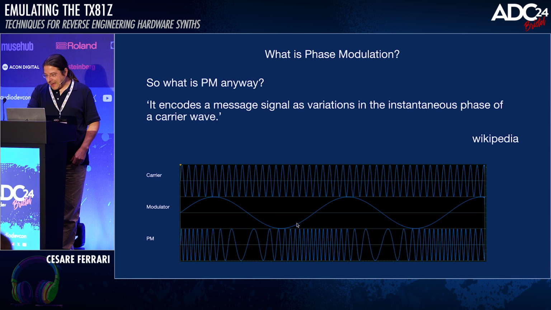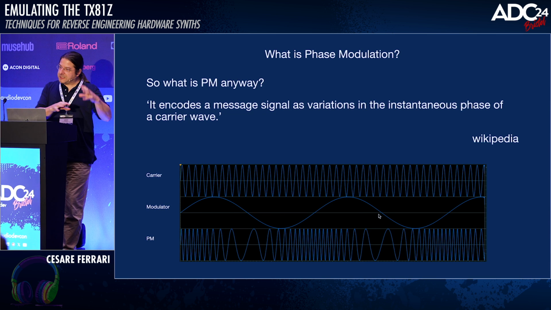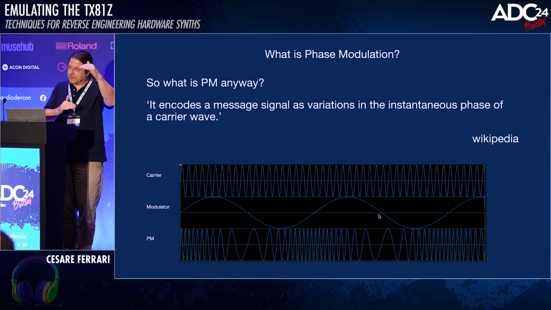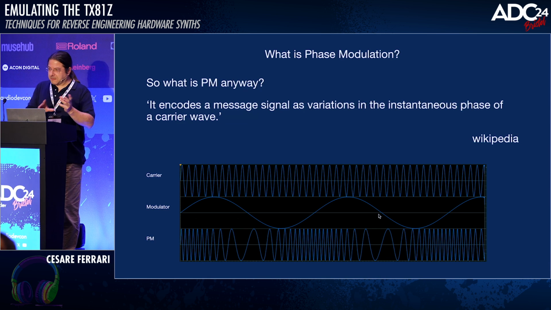So as it's going past you, you get a higher pitch, and as it's going away from you, you get a lower pitch. So it's almost like a derivative thing. Rather than being the height of the modulator, it's the rate of change of it that is actually causing the pitch shift. So that's a concept you can kind of understand.